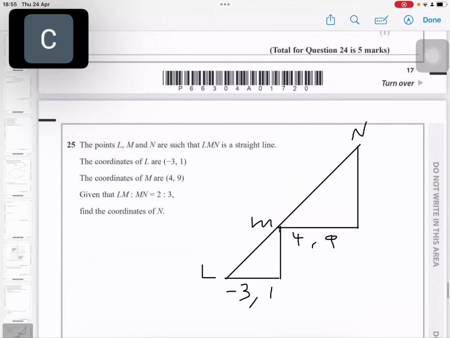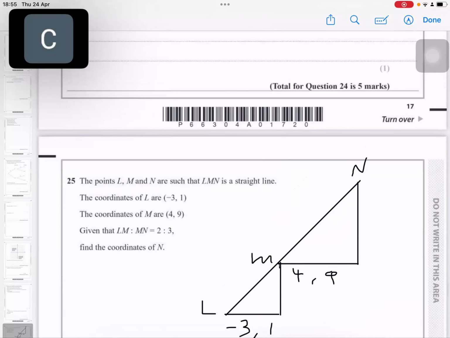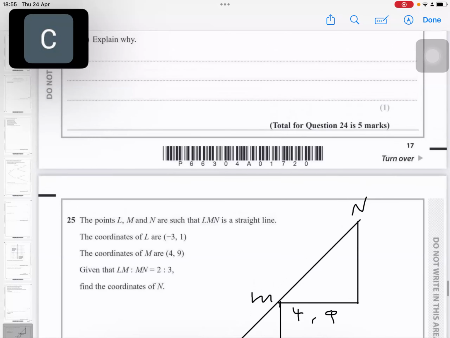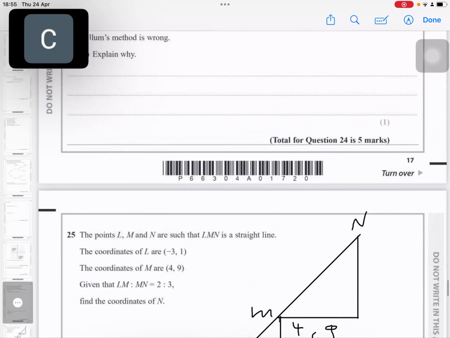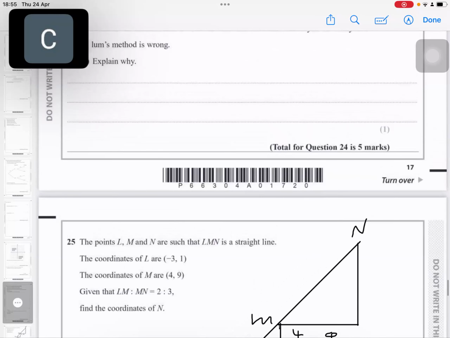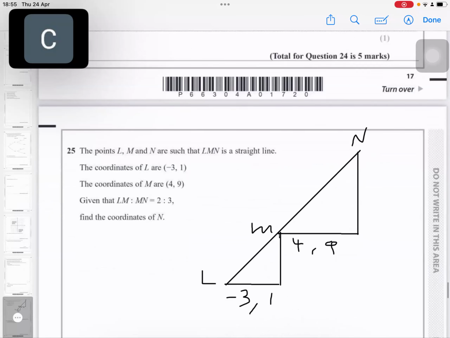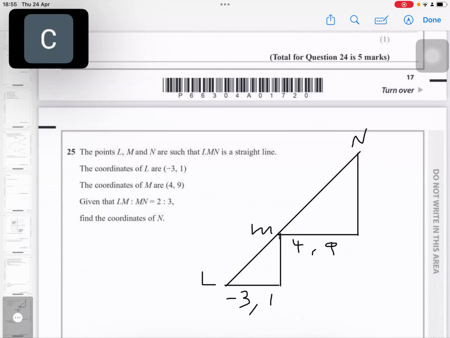A graph sheet would have done a very good job. I hope they would share a graph sheet at the exam for questions like this, because that would be the best. Wait, what sheet? You know those graph papers, those ones that have those small squares. Oh, okay. Yes, yes.